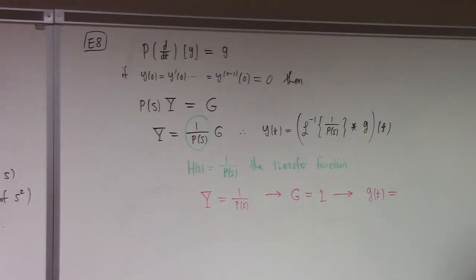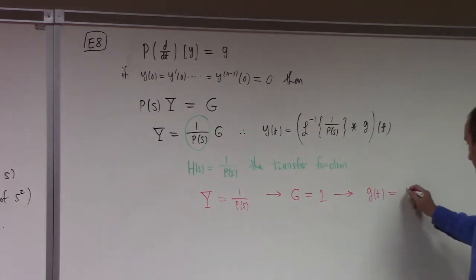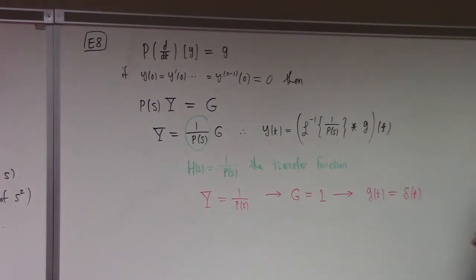We started today talking about the Dirac delta function, right? The Laplace transform of the Dirac delta function is 1. So this would be delta of t. If you find the solution corresponding to the inverse transform of the transfer function, that corresponds to solving the system subject to the unit impulse force, right?